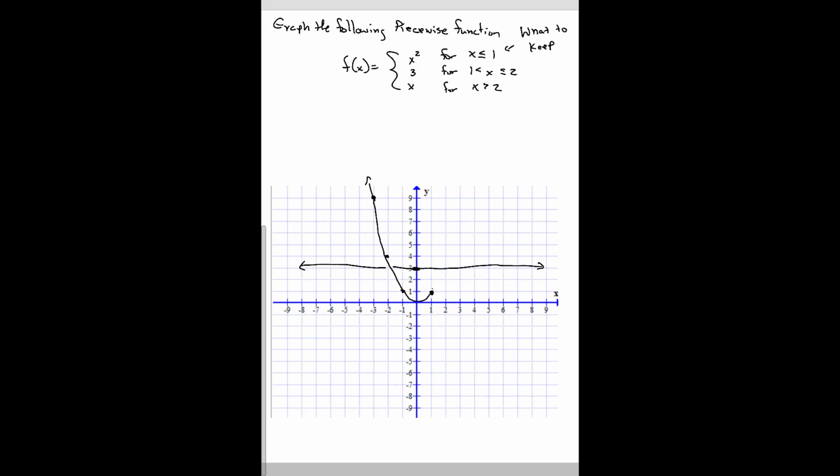All right, so we erase everything that's bigger than 2, and we erase everything that is less than 1 on that horizontal line.